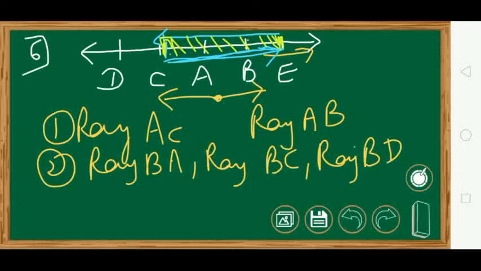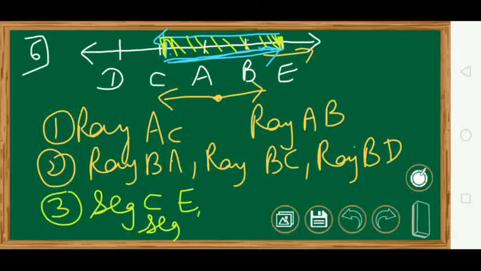This much part is only common because here if you extend, then that is not there in CE. Okay, so this part is not common. So your segment CE is the third answer. Segment CE or segment EC. You can write EC also. There are two ways of writing the segment.